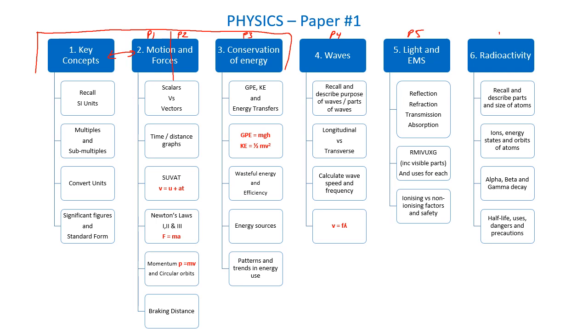You should have a single piece of paper or A3 or a set of cards for each one of these. I don't mind how you do your revision, but you need to have these separated out, because we're going to concentrate on questions from P1, and then questions from P2, and then questions from P3, etc. And if you don't have notes for P2, or you're having to rifle through piles and piles of paper, it's inefficient. I want to make you guys work more efficiently, not harder, if you get my drift.